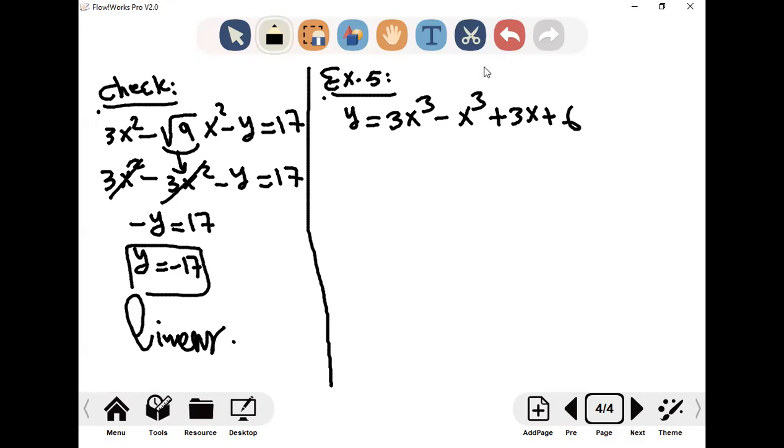We have like terms here, right? Like terms have the same variable and same power. We took that before, right? Now here x power 3 and here also x power 3. So we can subtract them. 3x power 3 minus 1x power 3. It will be, so y equal 2x power 3 plus 3x plus 6. Can I simplify more? Is it linear?